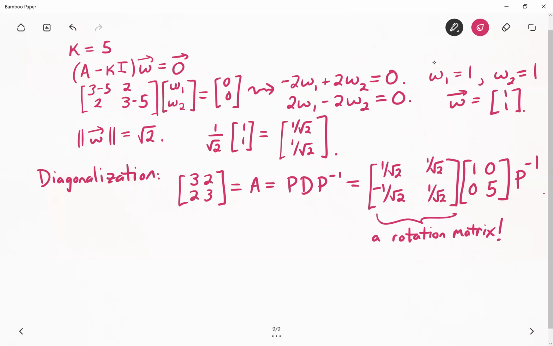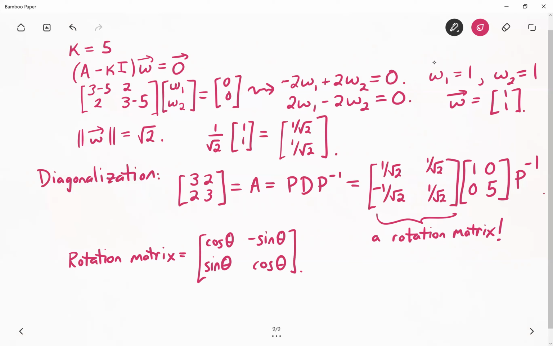Right, so in particular, rotation by what amount? Well, recall that rotation matrices have the form cosine theta, sine theta, negative sine theta, and cosine theta. And so we'd really like to solve for theta here.